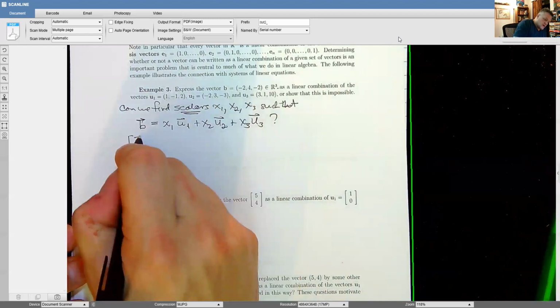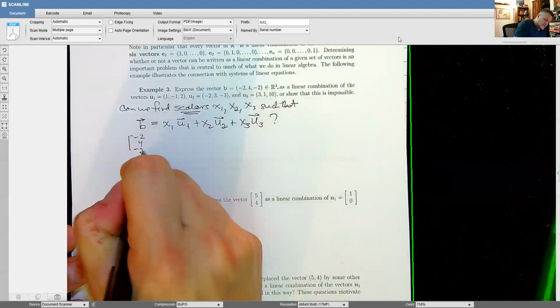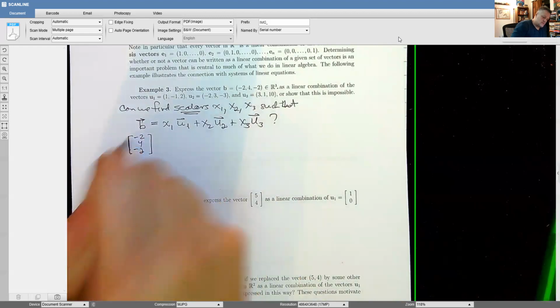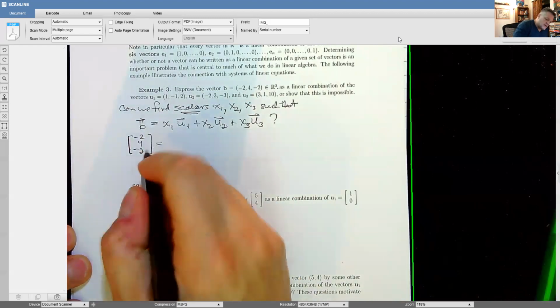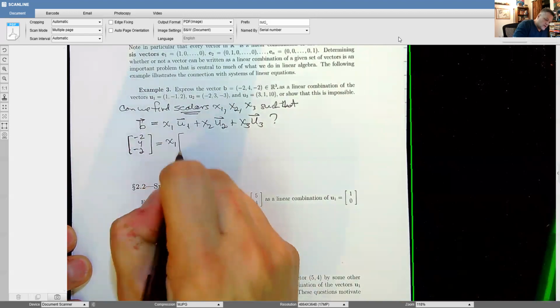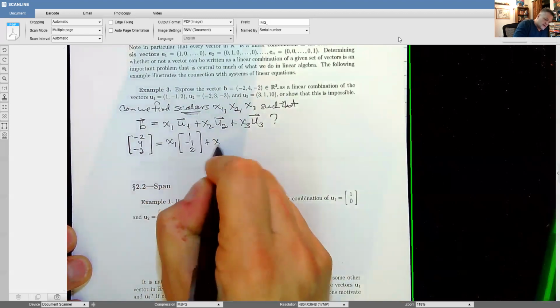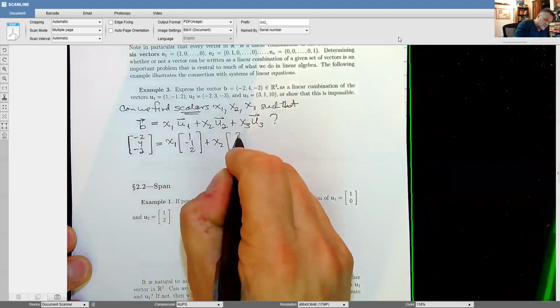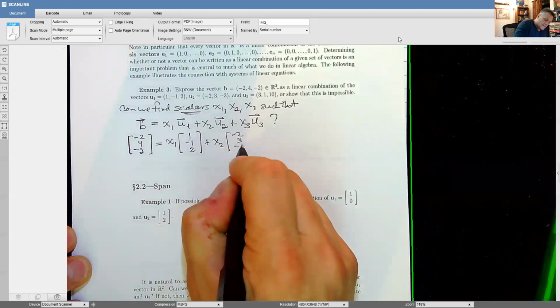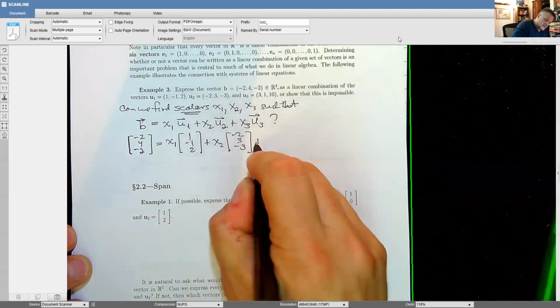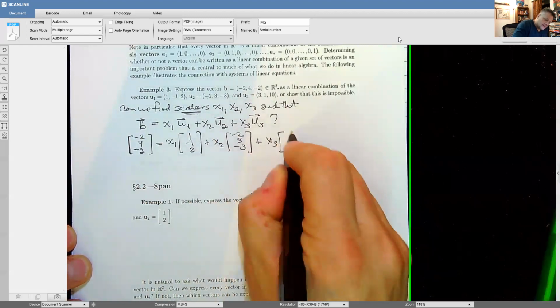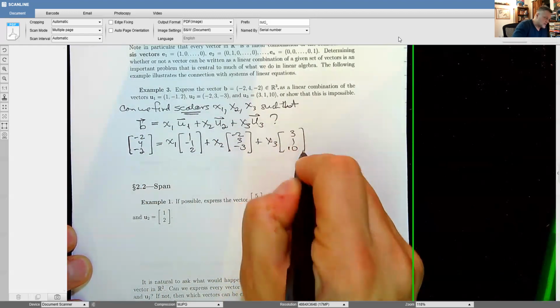But let's look at this in matrix form, right? So here, I'm going to put these as column vectors. Okay, so I have that is b. I have a scalar x1 times u1 is this vector, plus a scalar x2 times u2 is this vector, and then plus a scalar x3 times this vector.